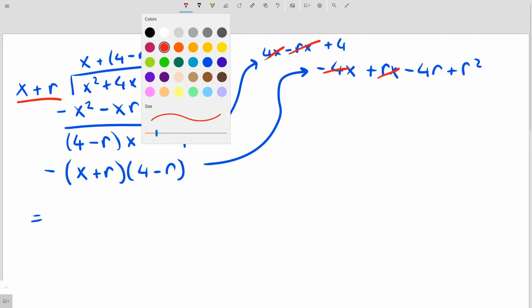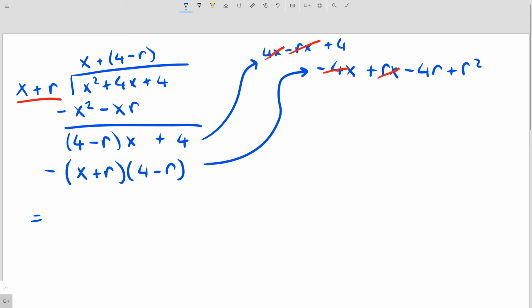And so, I want to return to the blue. So we get r squared minus 4r plus 4. All right. Now, where does this get us?